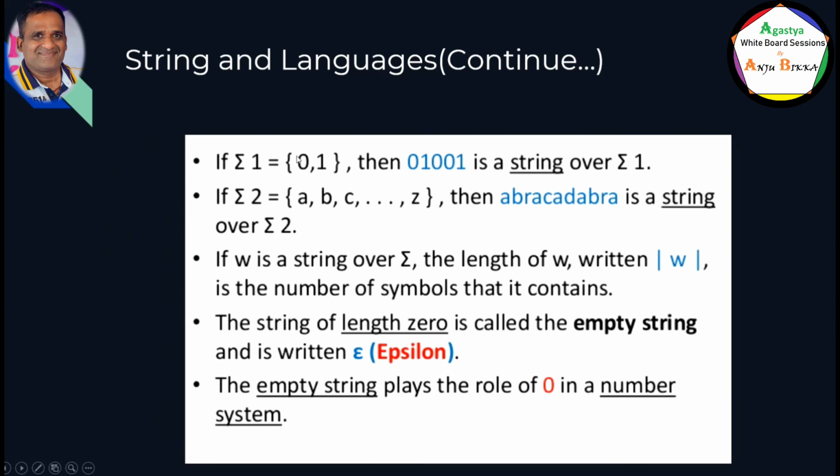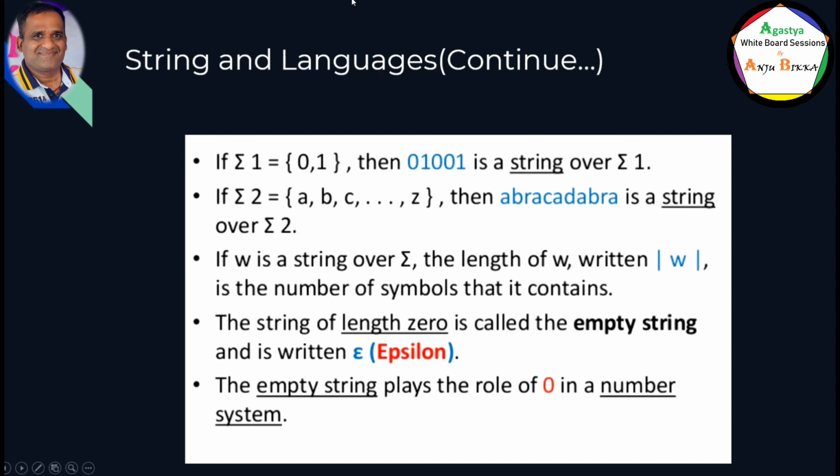Now we can see sigma 1 equals 0, 1. Then a string over this sigma 1 is, for example, 0101. This is very important. A string over sigma 1 means the string must consist of only symbols of sigma 1.